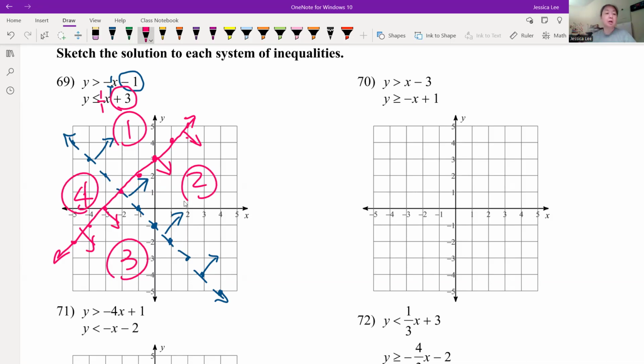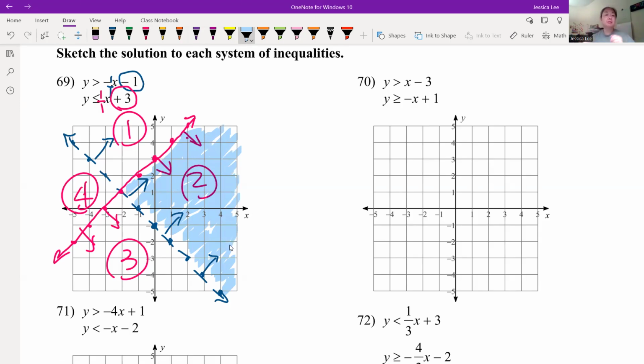Right? This is section 2 right here. So that is what we're going to have to shade. You're only shading one section. You are not shading two because it can't meet both criteria. Section 2 is the only one that fits both criteria of being lower than the pink line and above the blue line. And this is the only place where it happens.